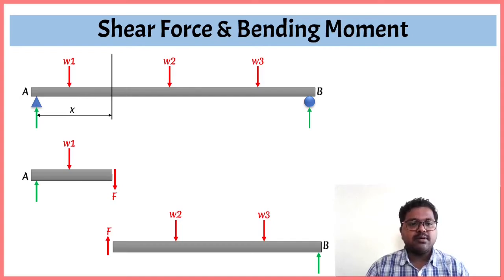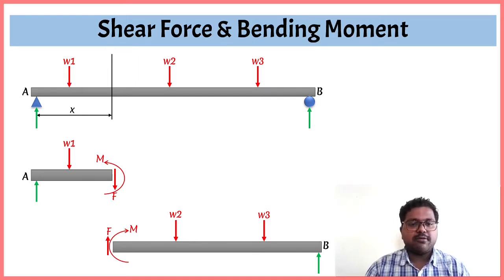At the same time, the reaction force at A and the load W1 will create a clockwise moment in the free body diagram which is on the left hand side. So to compensate that and to keep it in equilibrium, an anti-clockwise moment M will act on the member, and at the same time a clockwise moment will act on the member which is on the right hand side.